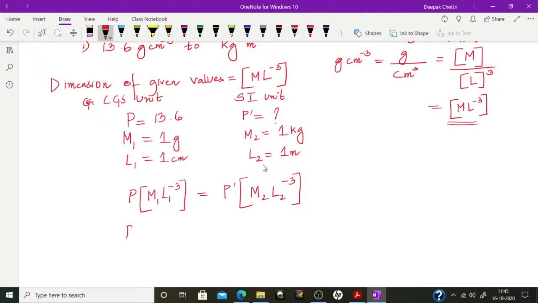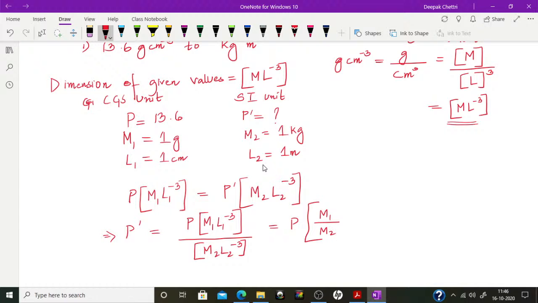So I need to find P dash, so taking this to the left, P dash equals P M1 L1 minus 3 divided by M2 L2 minus 3. To write separately, P into M1 by M2, there is no power, so we will not write, and L1 by L2 to the power minus 3, common power, right.